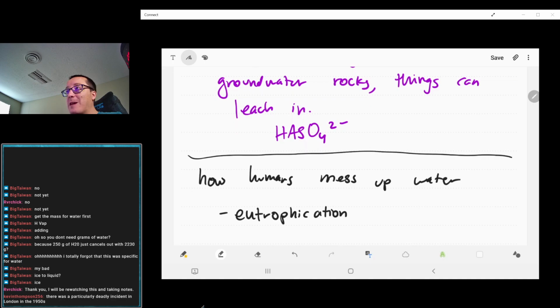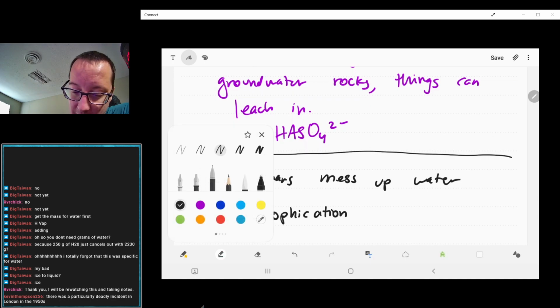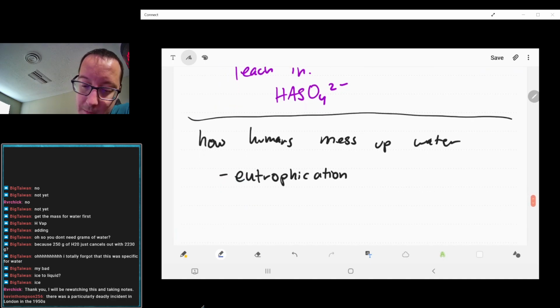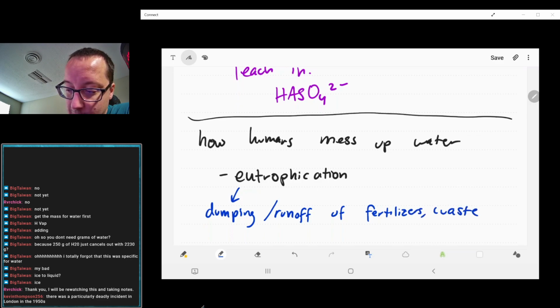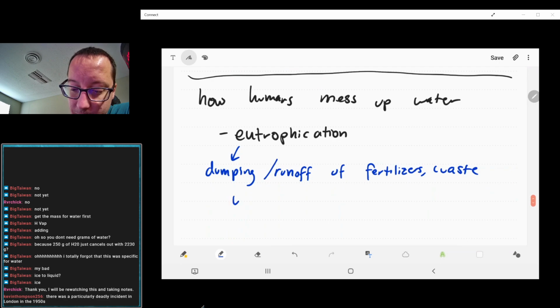And this is what happens when we have runoff of fertilizers or waste that contains phosphorus and nitrogen.